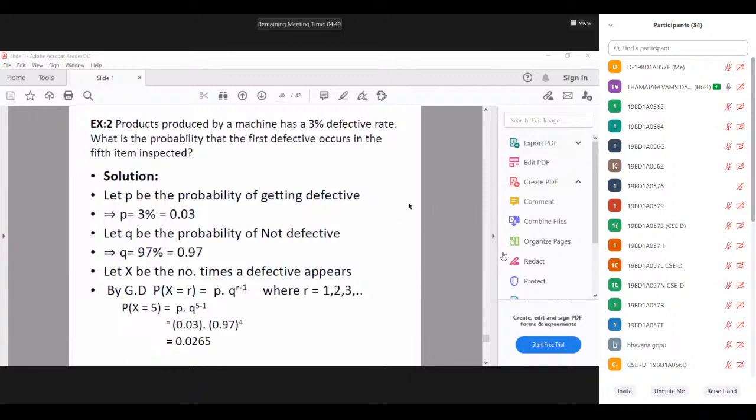These three distributions are in the discrete case. The third unit is continuous random variables, continuous distributions. If you have any doubts, I will clarify now.